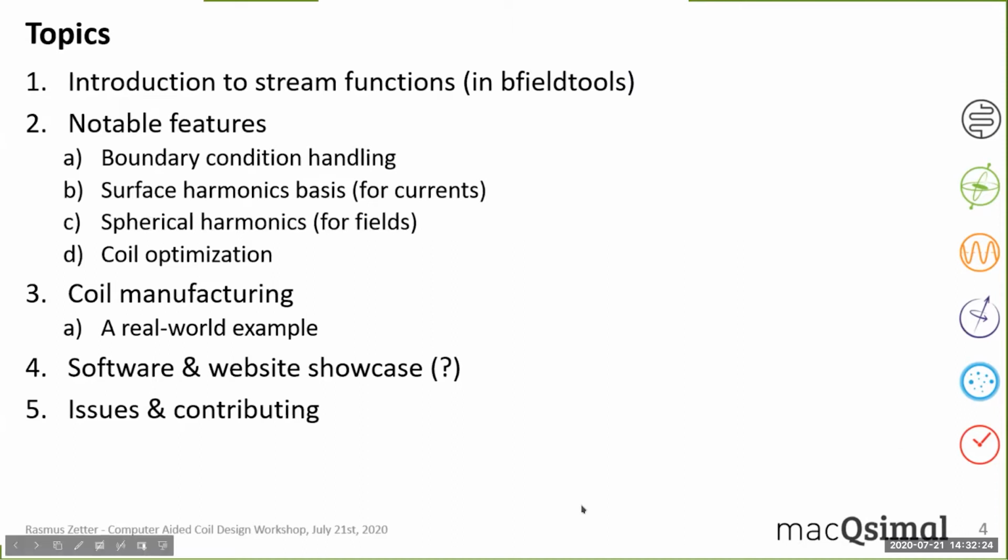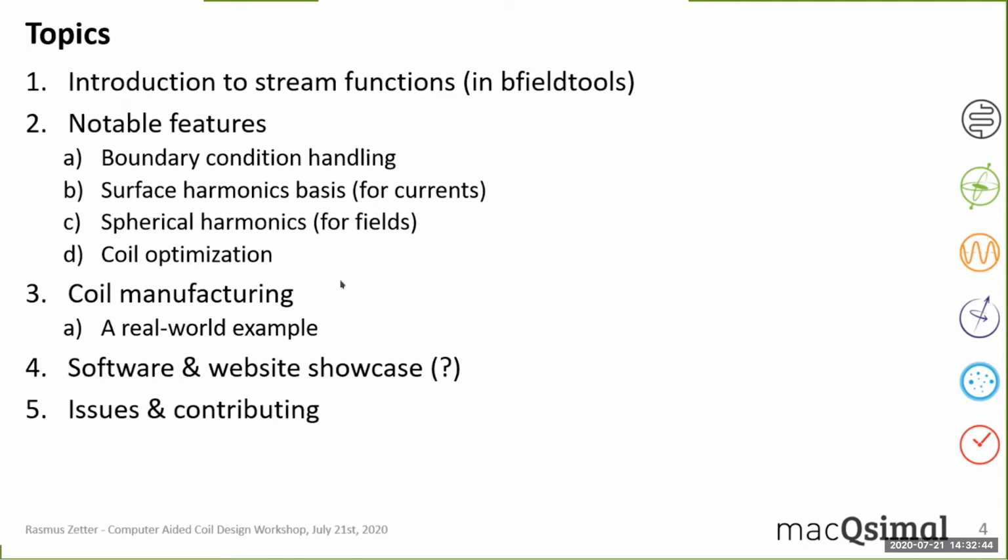This includes how we handle boundary conditions, penetrations in the surfaces, for example, how we can use different basis functions to make our problems really compact, how we use spherical harmonics to make our optimization problems even more compact, then how we actually optimize coils in the software package.